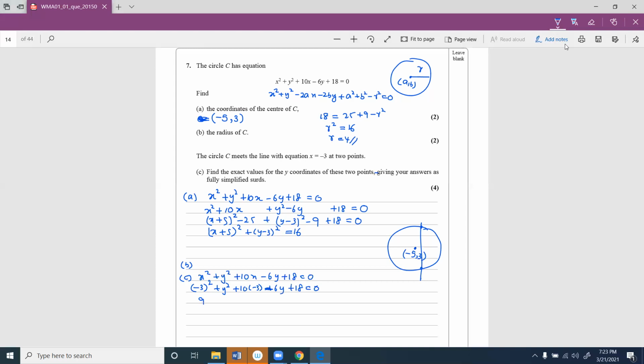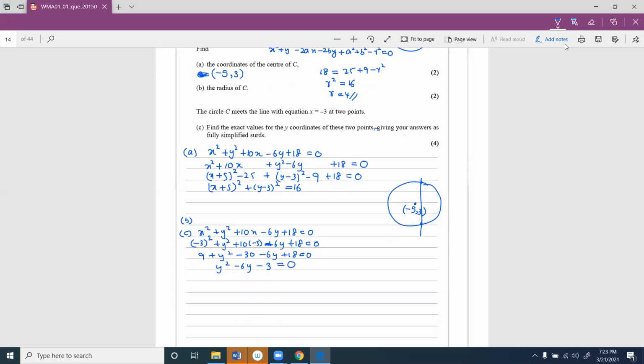So it turns into 9 plus y squared minus 30 minus 6y plus 18 equals 0. With this, y squared minus 6y, 9 minus 30 is minus 21, minus 21 plus 18 is minus 3, equals 0.